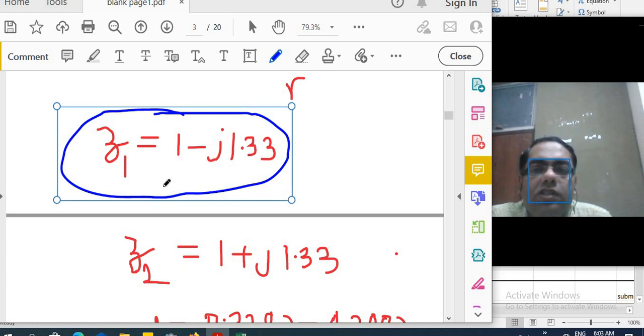That means r is 1, and my small x is minus 1.33.